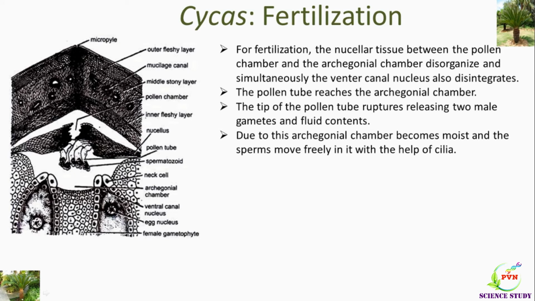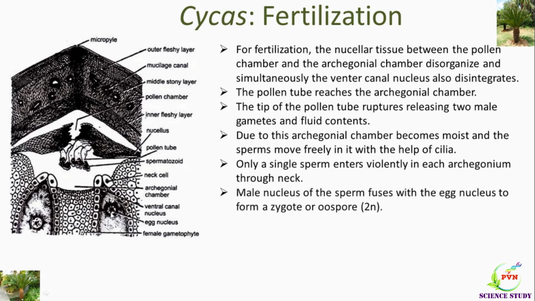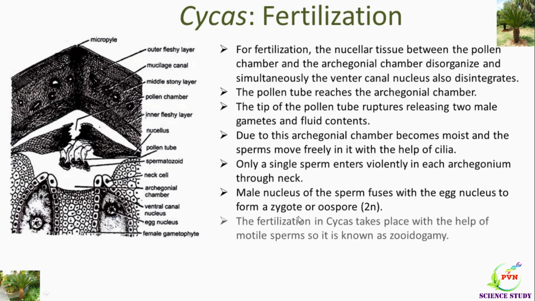Due to this, the archegonial chamber becomes moist and the sperms move freely in it with the help of cilia. Only a single sperm enters violently into each archegonium through the neck. The male nucleus of the sperm fuses with the egg nucleus, that is the female gamete, and a zygote or oospore is formed. The zygote is the first cell of the sporophytic generation.